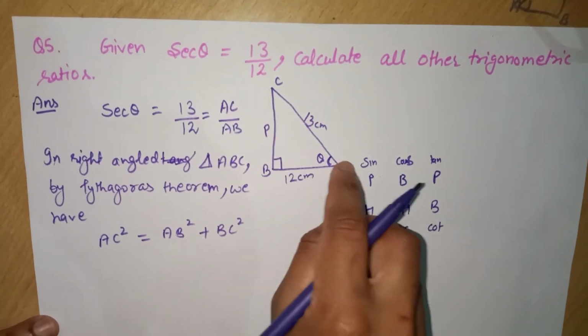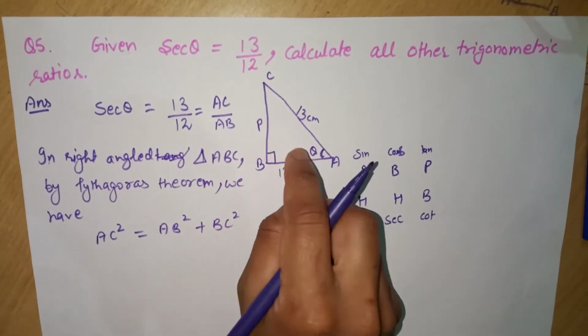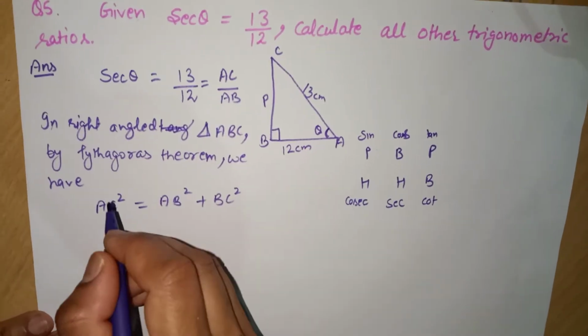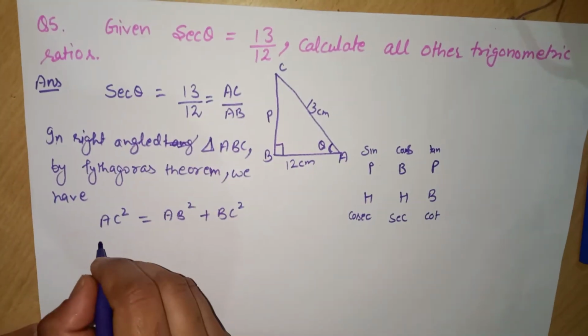The perpendicular is BC because it is the side opposite to the angle theta, which is given in our question.